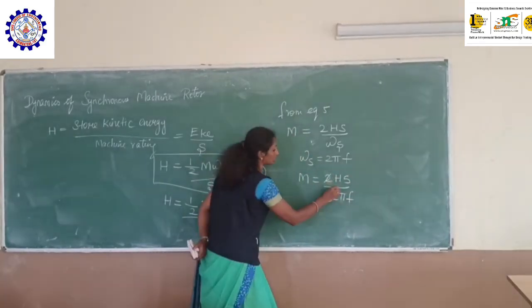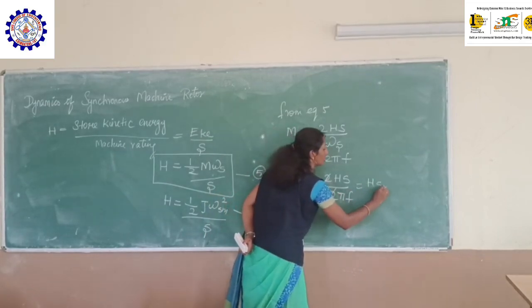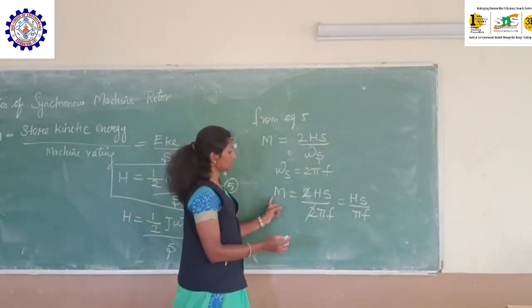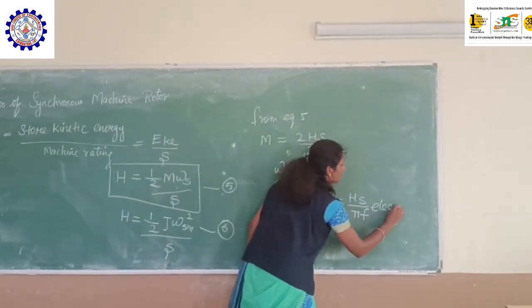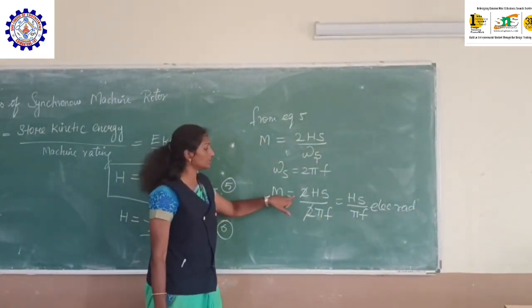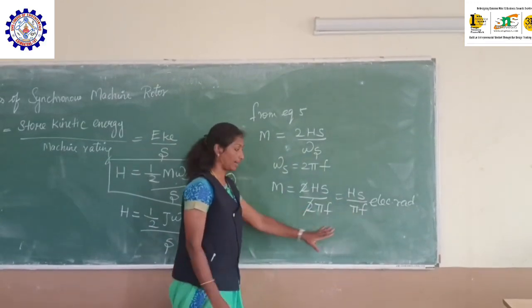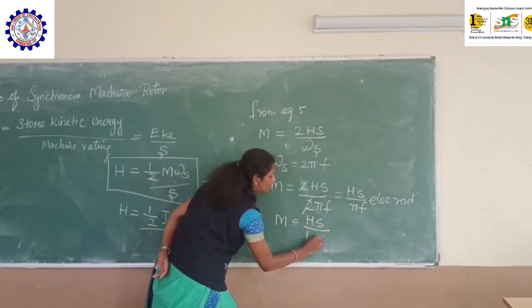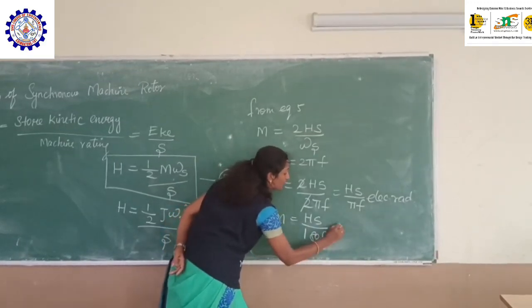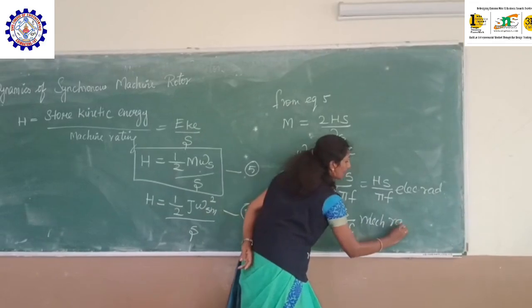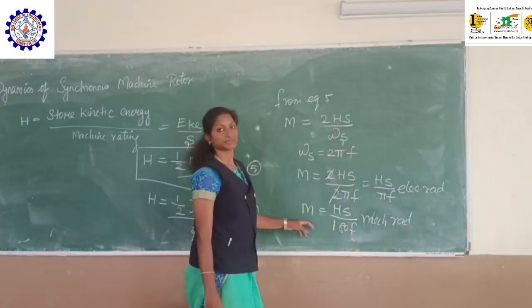If we cancel 2, we will get an equation of HS divided by pi f. So the unit for this will be in terms of electrical radians. So to convert the electrical radians into mechanical radians, the same equation can be written with 180 degrees into f. So here we can represent it as mechanical radians.